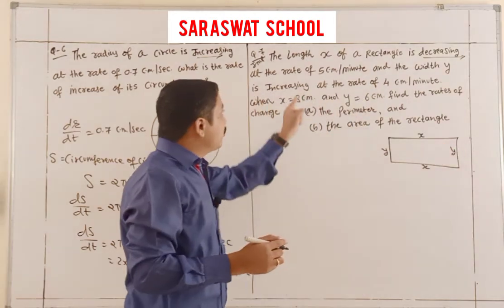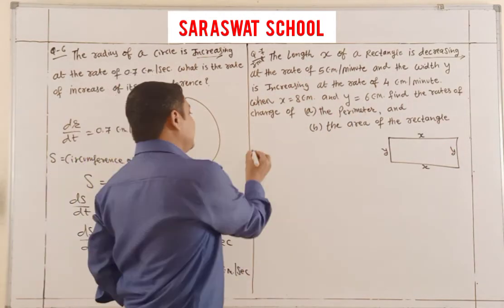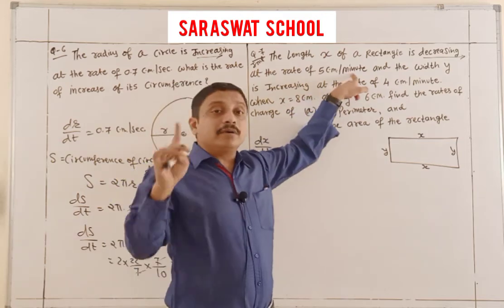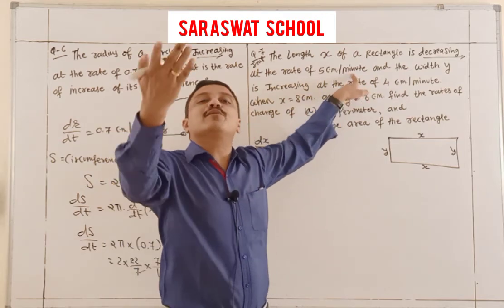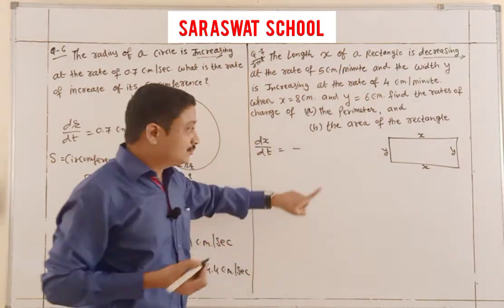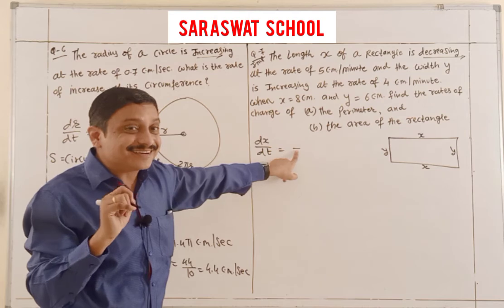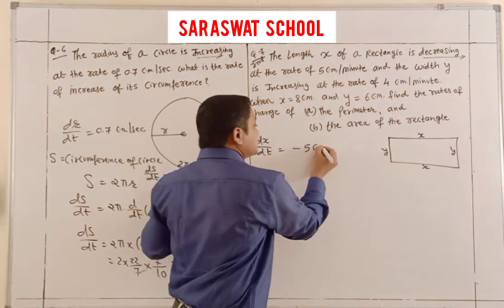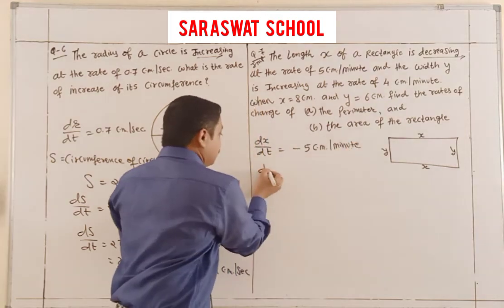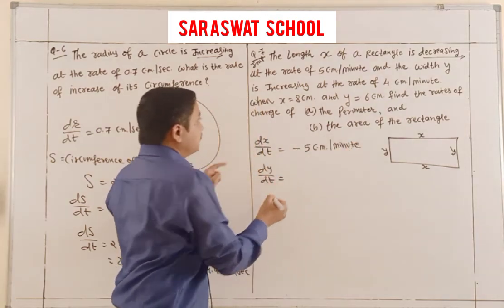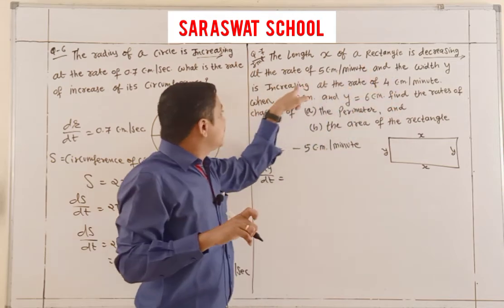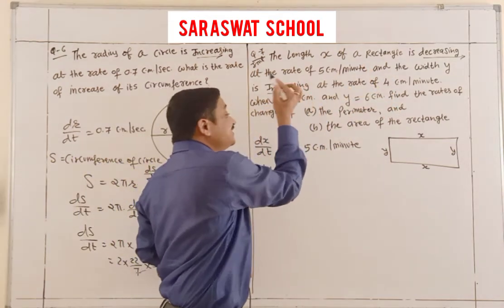That's your breadth. Now read it properly. Length is x, decreasing, dx versus time. Read that. Per minute, centimeter per minute. Since it is given as decreasing, so minus 5 centimeter per minute, and breadth dy by dt is also given as 4 centimeter per minute, but it is increasing.